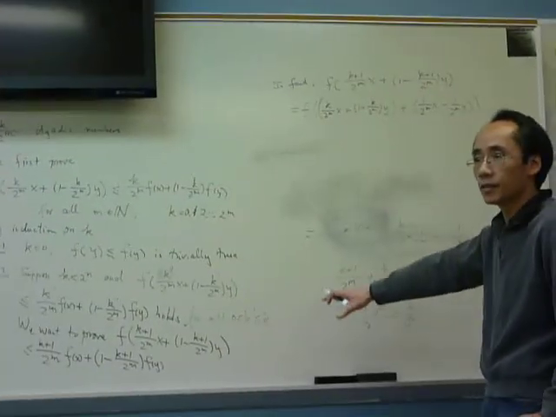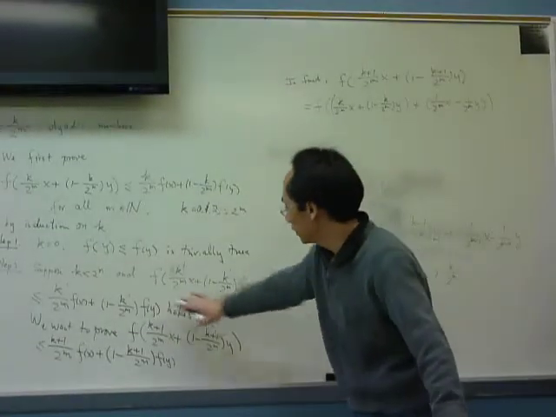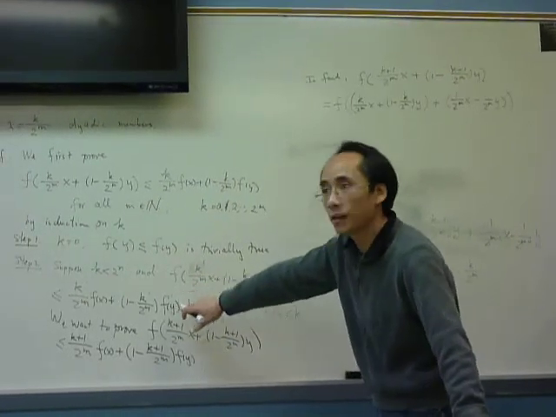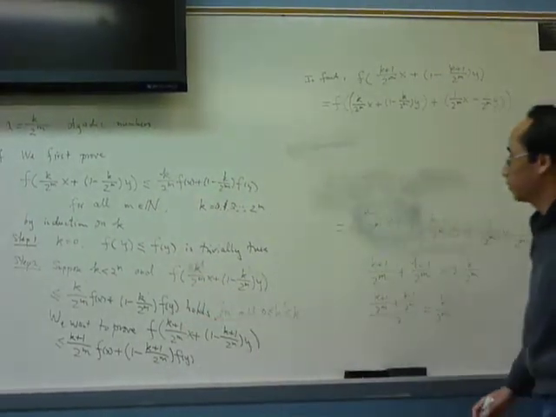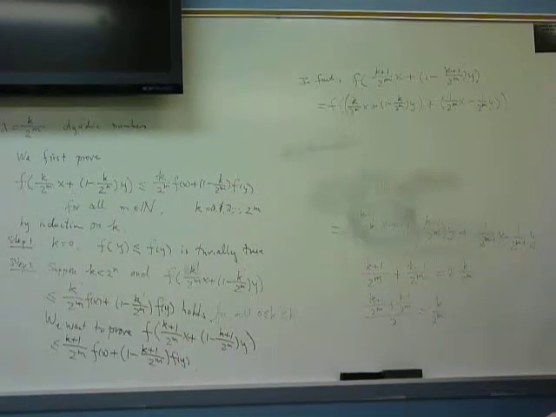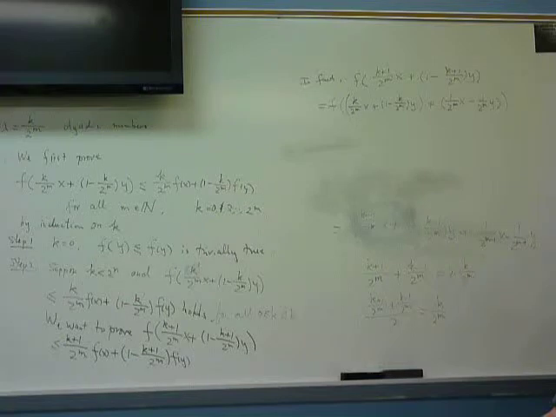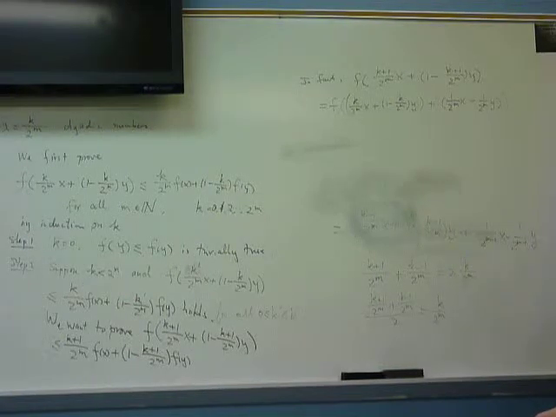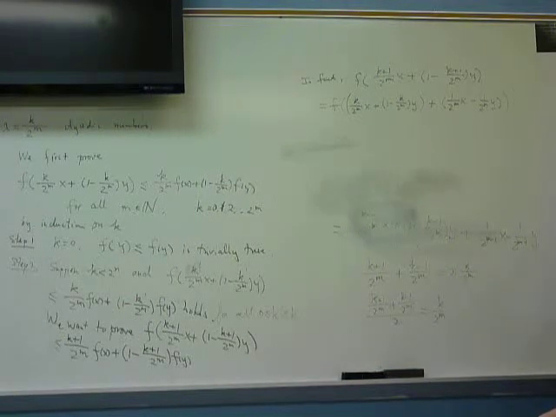Just change this a little, right? But for all smaller k's, this is true, right? I want to prove it for k, true for k plus 1. That's not a big deal. It's just a little generalization of standard induction. Okay. And this one.